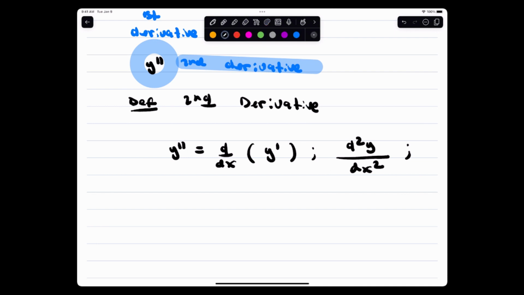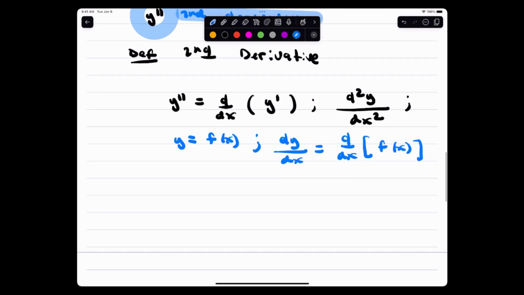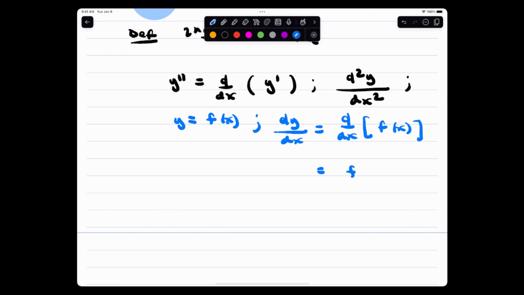If you recall, say if y is f of x, and we know dy dx, and you use this operator notation, well, this is f prime x, okay? So here's some more notation. Y prime or dy dx is f prime x.